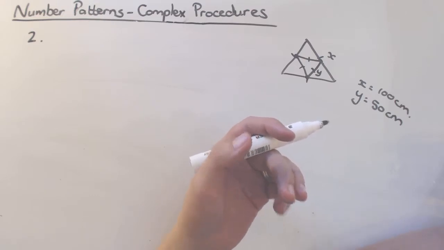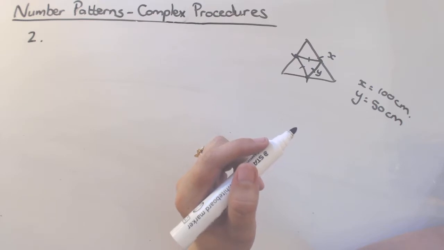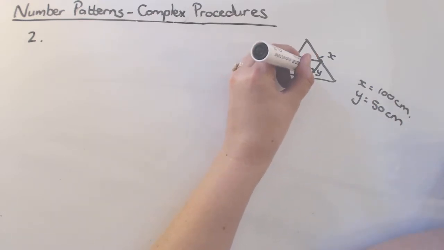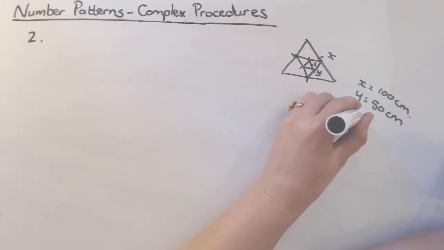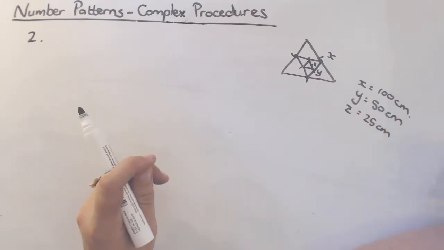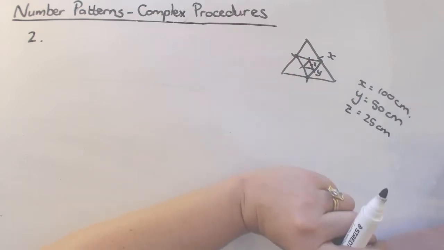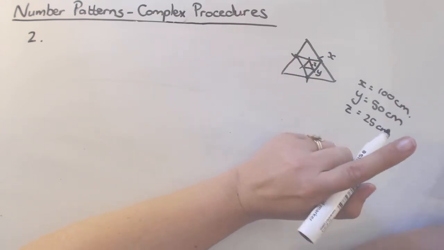Calculate the sum of the perimeters of this indefinite series. Okay, so if I do this again, the new side lengths will be 25 centimeters. Now they say this process continues, so I make it smaller, smaller, smaller. Calculate the sum of the perimeters.